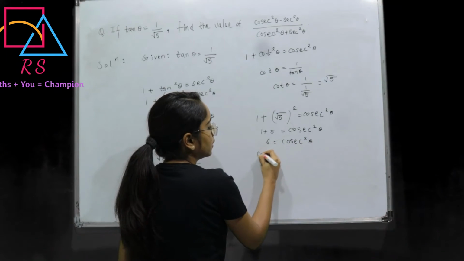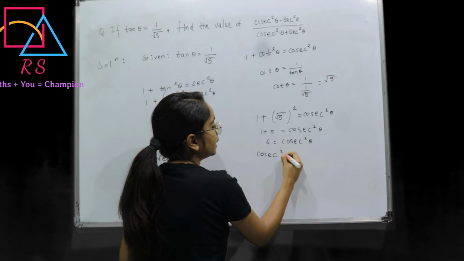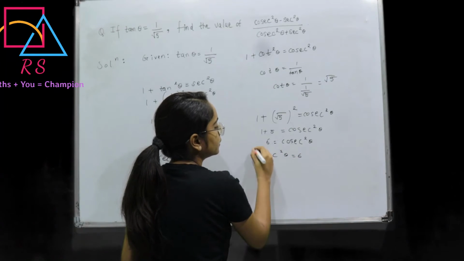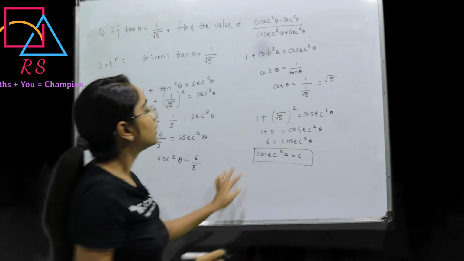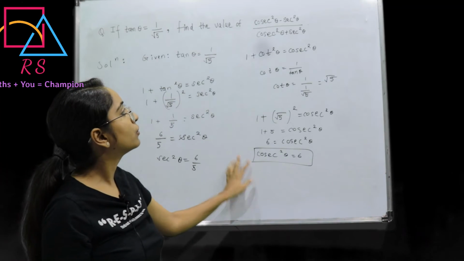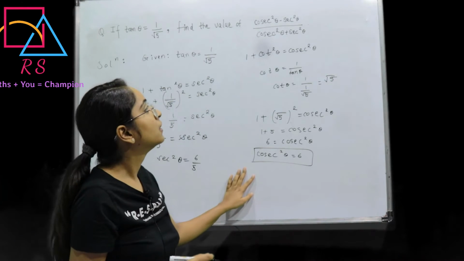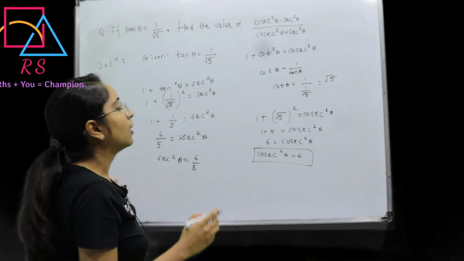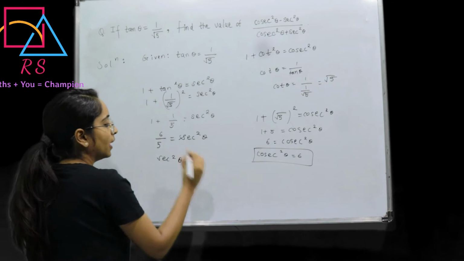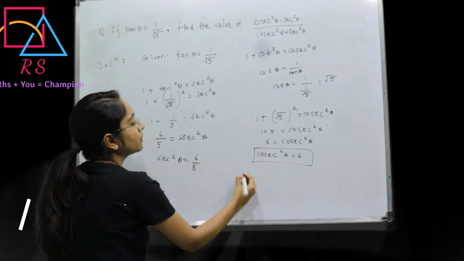So I have obtained the value of cosec square theta as 6, and we need only the value of cosec square theta to find the further value of the equation. I'll put the value in the equation.